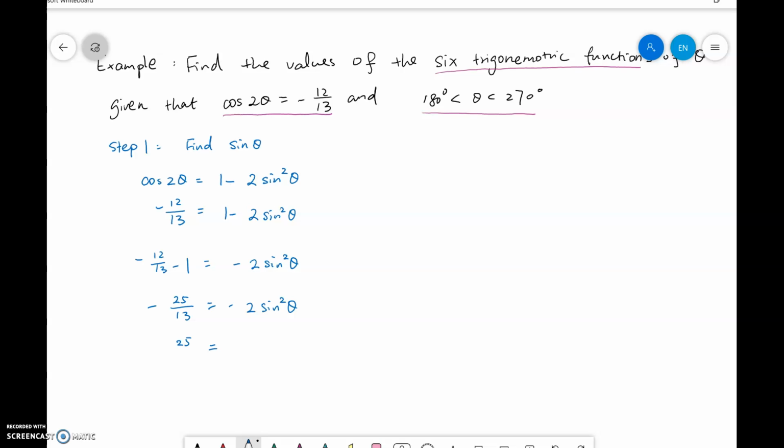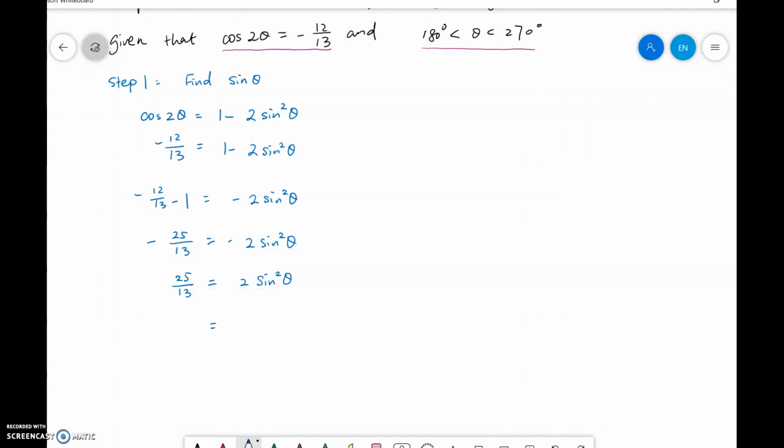Divided by negative 1, divided by 2, so 25 over 13 divided by 2, which is the same as multiplying by its reciprocal. So we end up with 25 over 26.